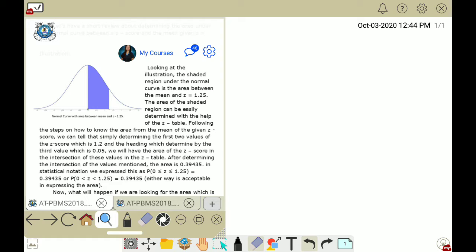The previous properties that we have discussed: the first one is that the total area is equal to 1. The second is that the normal curve is symmetrical, which makes the area to the left of the mean 0.5. We express that as the area of z less than 0, to the left of the mean.